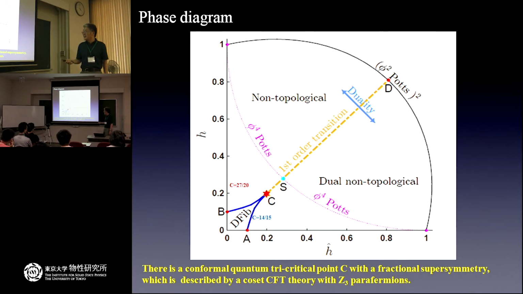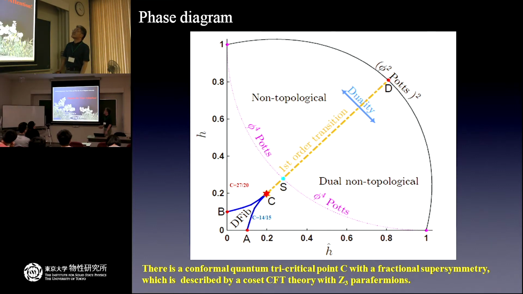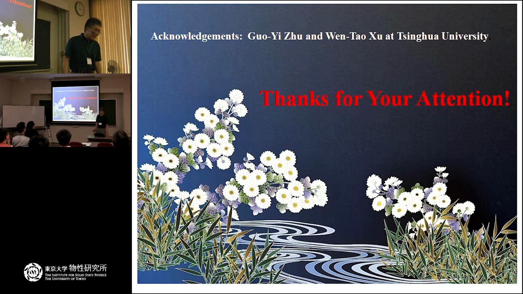And the coset CFT tells us that exactly at this tricritical point there's a fractional supersymmetry, because this coset theory involves these three parafermions in it. The excitation at this tricritical point. Okay, I already used up my time. So that's all for my talk. Thank you very much.